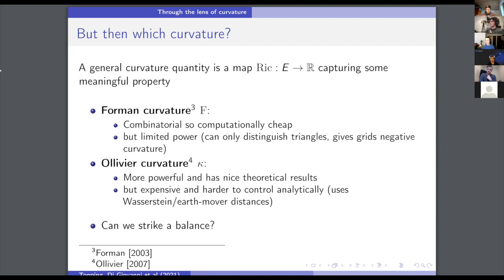In fact, as far as I can tell, you cannot distinguish parallel and non-parallel directions, or there should be a theory for how you define that. So what you end up doing, which is essentially what both Forman and Ollivier curvature do to some extent, is looking at all possible edges and measuring the convergence or divergence of edges, which boils down to controlling how much the neighborhoods of i and j, which form your given edge, overlap.